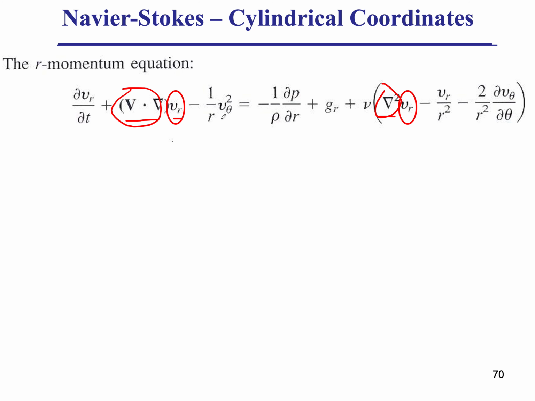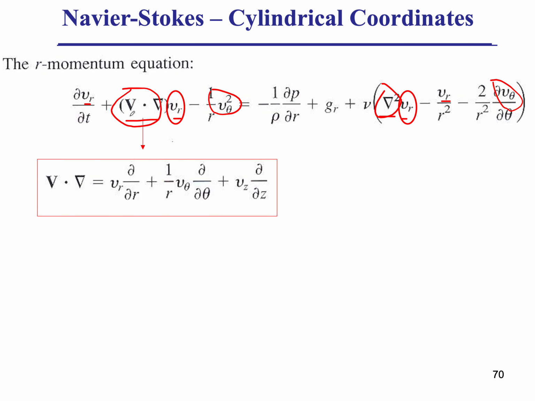So we're operating on the r velocity, Vr, and these V thetas come because of the coordinate transformation from Cartesian to polar. So that is your r momentum equation.